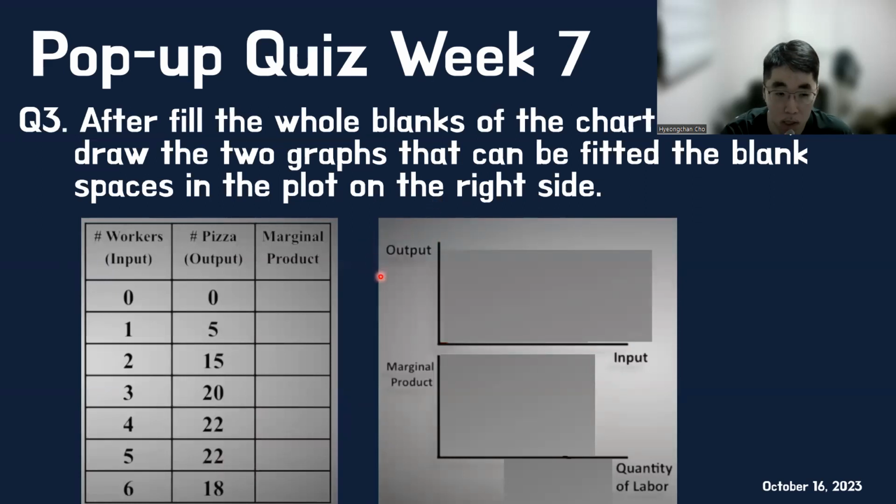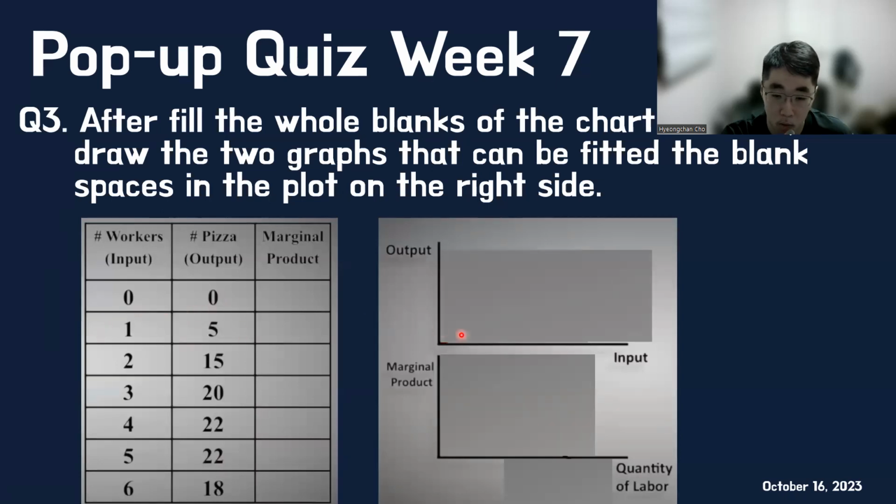The variables of the axis X, which is input, are these numbers, and the axis Y is these numbers. The first combination is 0 and 0, so you can point here. The second point is 1, 5.